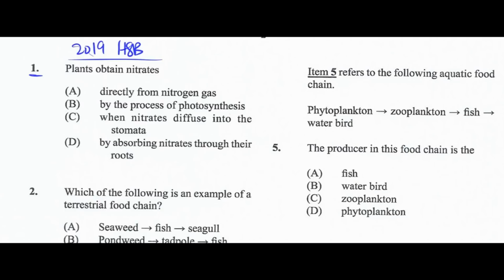Now, first of all, nitrates are ions, and ions or minerals are passed into the plant through the roots through the process of active transport, right? So the answer for this is D, by absorbing nitrates through their roots, basically getting it from the soil, right?